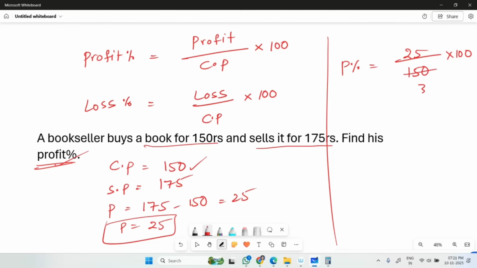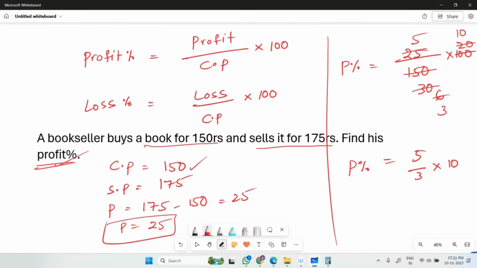Simplified. 5 30s, 5 20s, 5 6, 5 5s, 2 3s, 2 10s. So here again profit percentage equals to 5 by 3 times 10.